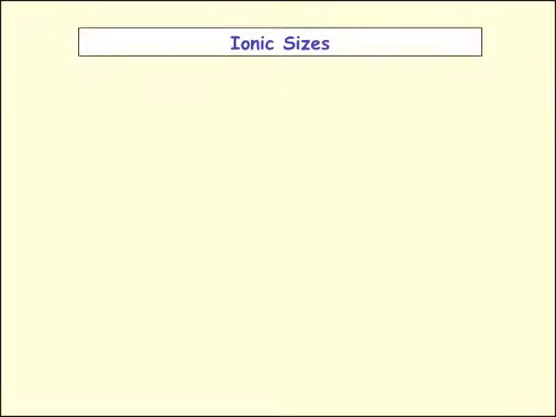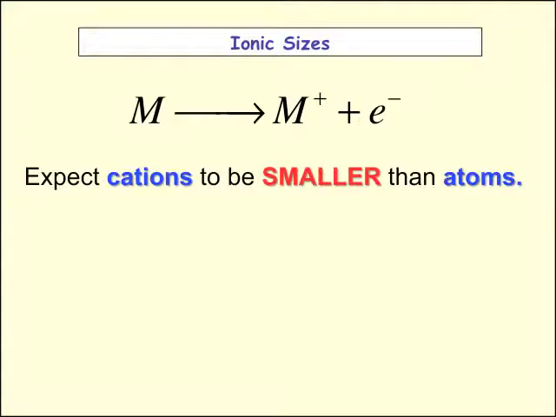The relative sizes of ions, both cations and anions, also follow trends predicted from the microscopic model of the atom. We start with the neutral atoms for which we know the trends. Cations are formed from neutral atoms by the loss of electrons. Thus, cations contain the same number of protons in the nucleus as the neutral atom, but they contain fewer electrons.